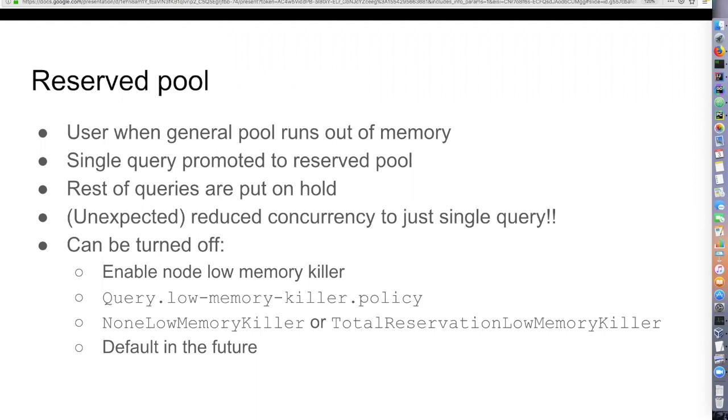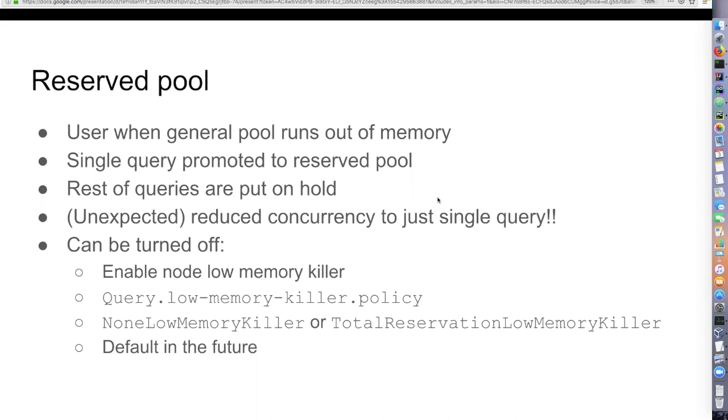What's happening? So you can now turn off the reserved pool and use the node low memory killer instead. The low memory killer can be selected via this property here, and there are 2 implementations of that killer. I think the recommended one is the total reservation low memory killer.